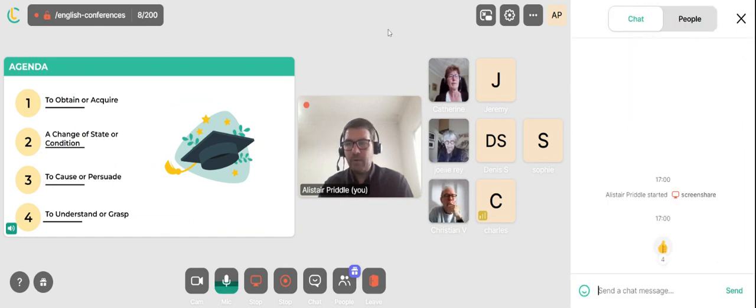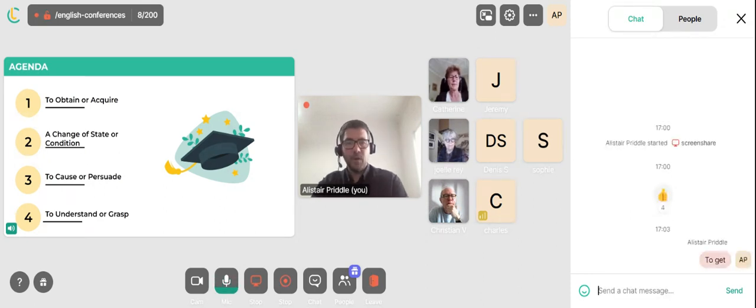We're going to think about: number 1, to obtain or to acquire; number 2, a change of state or condition; number 3, to cause or persuade; and number 4, to understand or grasp. Okay, so this is all for the verb to get.